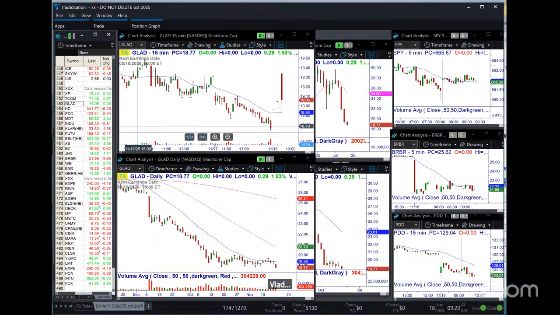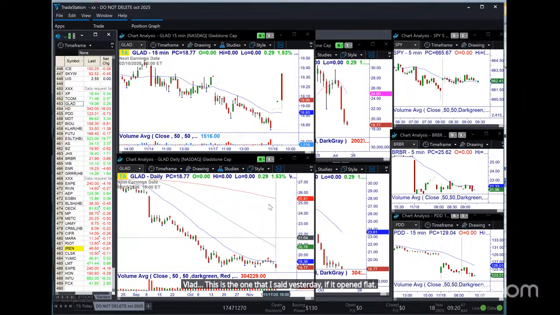This is the one that I said yesterday, if it opened flat, short yesterday's low. So I'm going to set an alarm at 1890. That looks horrible. Look at the closing breakdown. And it's not a bullish gap at all. It's only gapping up 30 cents.